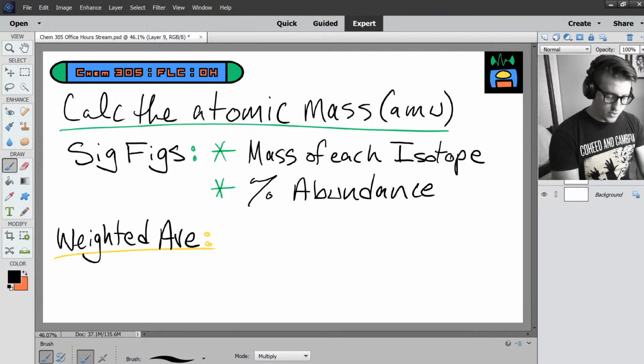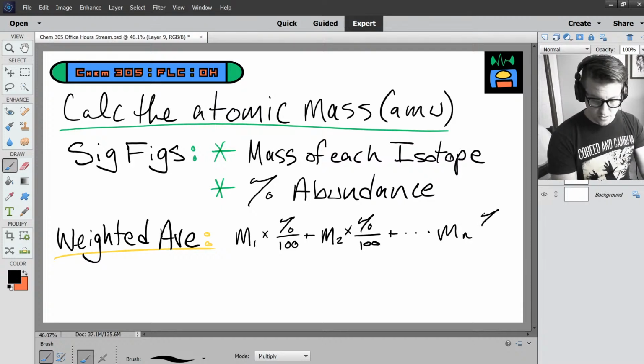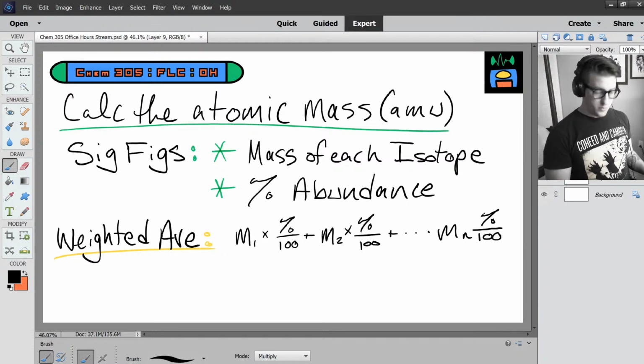The weighted average is the mass of your first thing times its percent over 100, plus the mass of the second thing times the percent over 100, plus the mass of the nth thing, however many things you have, over 100.